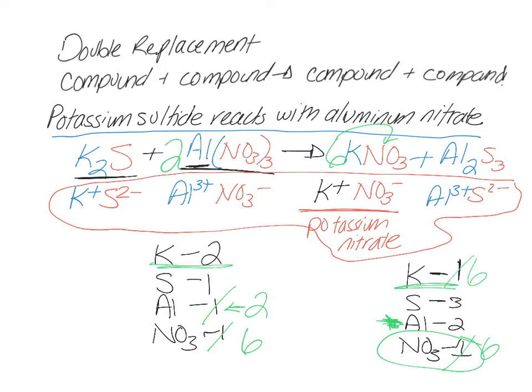So that means I'm going to have to change this one to 6. So in order to get 6 potassium, I'm going to have to put a 3 in front of here. So that makes that 6. Now this means I have 3 sulfurs over here. Oh, and look at that. I have 3 sulfurs over here and 2 aluminums. So now it is balanced.